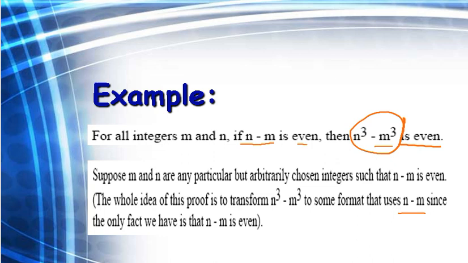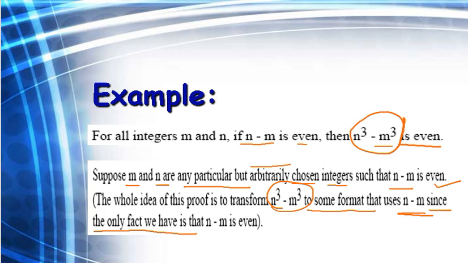Suppose m and n are any particular but arbitrarily chosen integers such that n minus m is even. The whole idea of this proof is to transform n cube minus m cube into some format that uses n minus m, since the only fact we have is that n minus m is even.